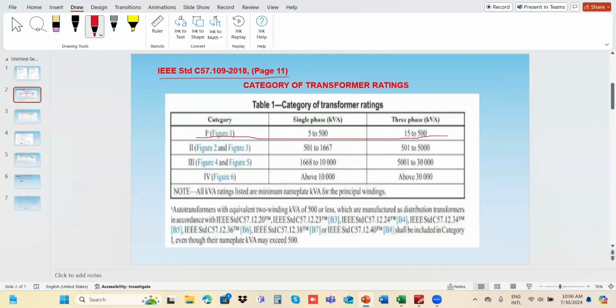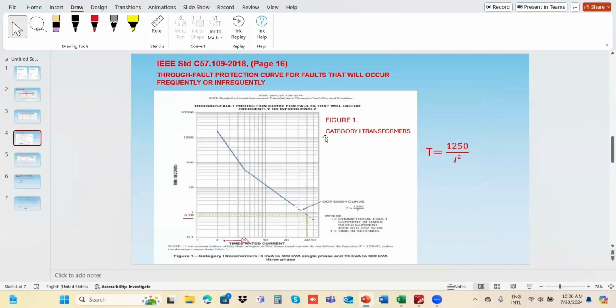Now, if you notice, for category 1, you have to use Figure 1. In the same guide, this is Figure 1, you can check that on page 16. This is the through-fault protection curve for faults that will occur frequently or infrequently.